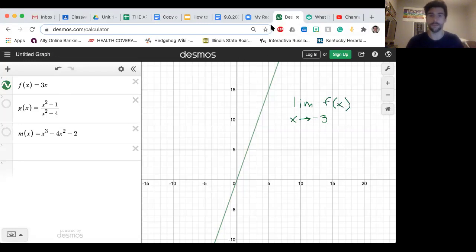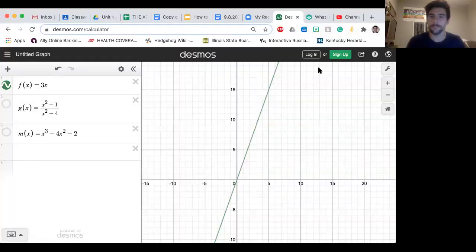I should know that. It was -2, I'm glad I checked. Okay, so we were being asked, what is the limit as x approaches -2 of the function f of x? If we were dealing with function notation, we would ask, what is f of -2?